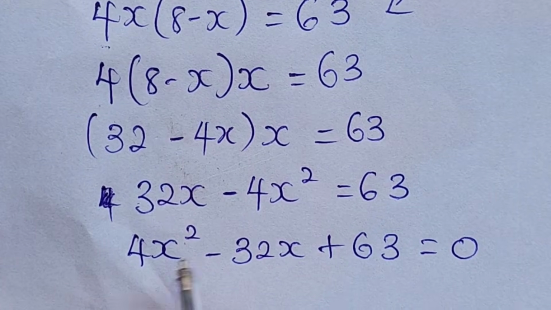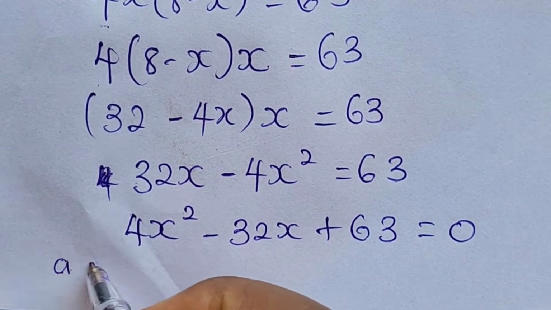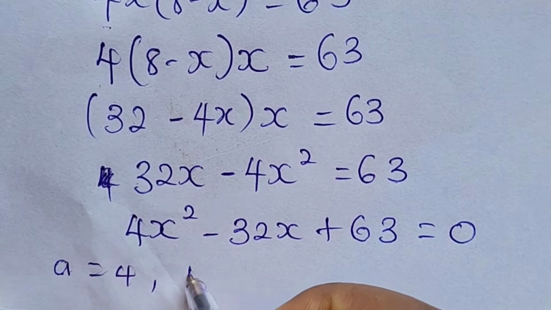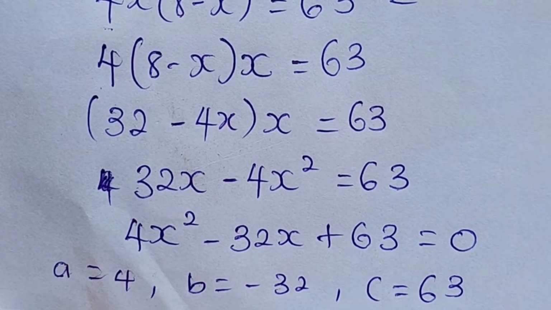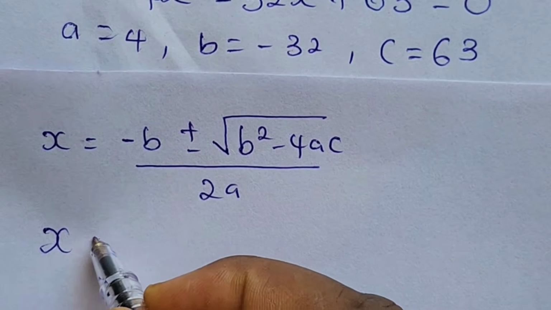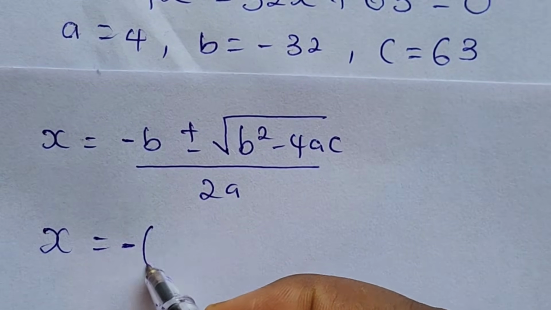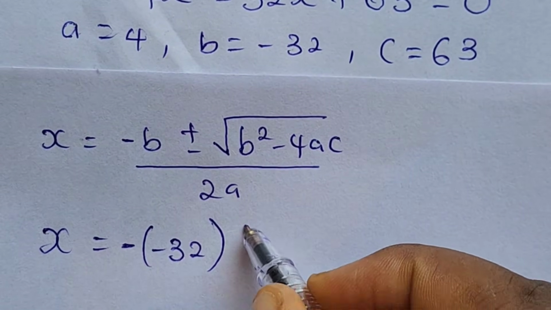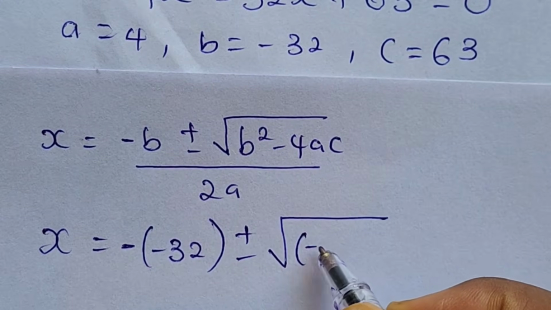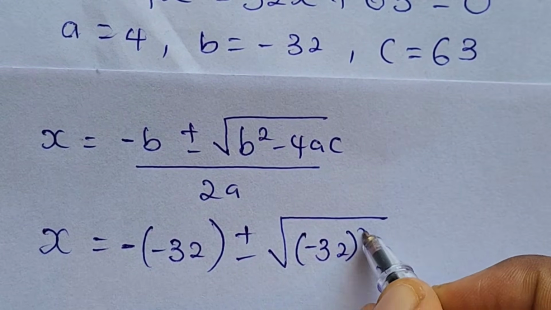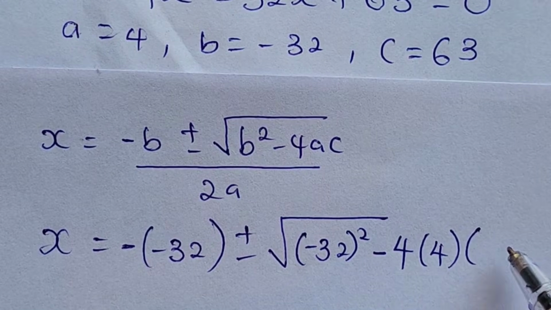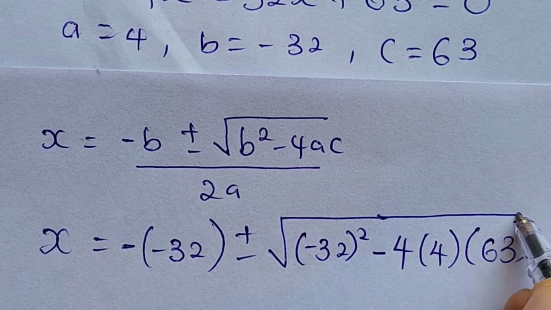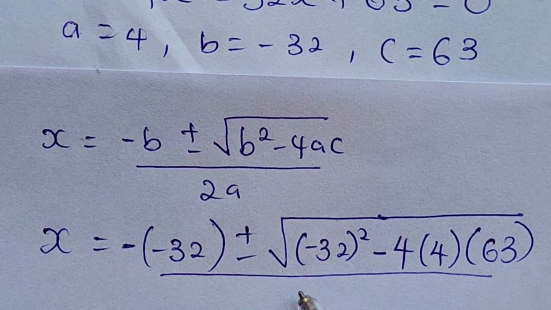So let's solve this quadratic equation. We have that a is equal to 4, b is equal to minus 32, and c is equal to 63. So from here we have x to be equal to, our b is minus 32, so negative times negative, we have 32 plus or minus the square root of minus 32 all squared minus 4 times 4 times 63, all over, we have a to be 4, which is 2 times 4.